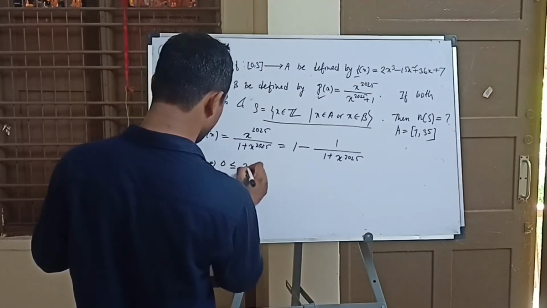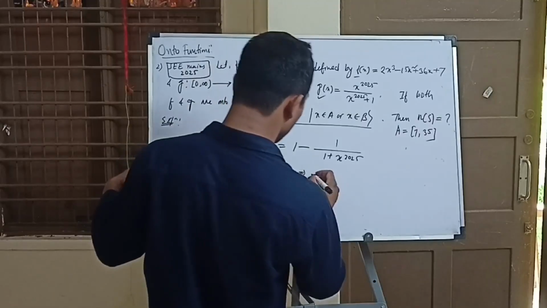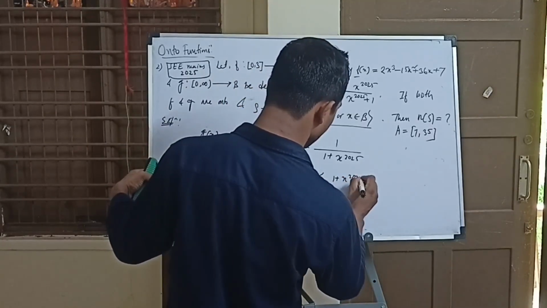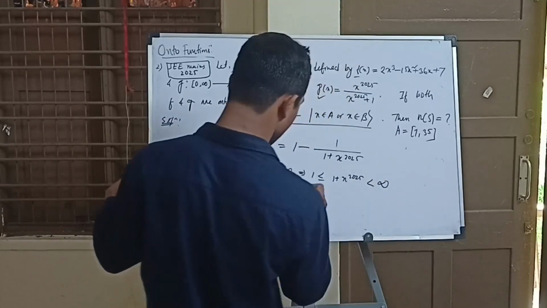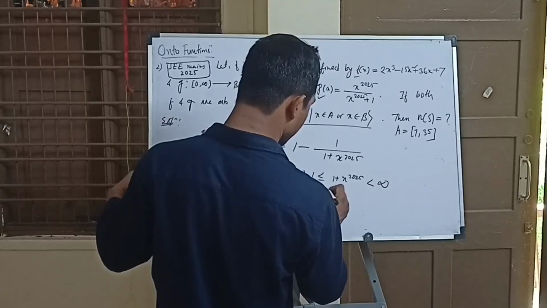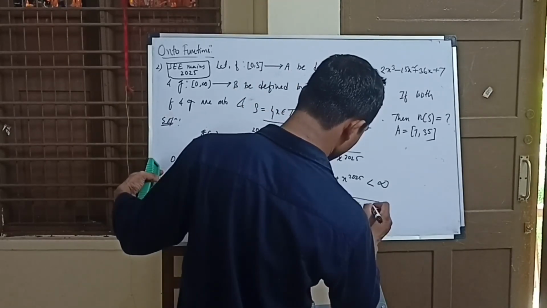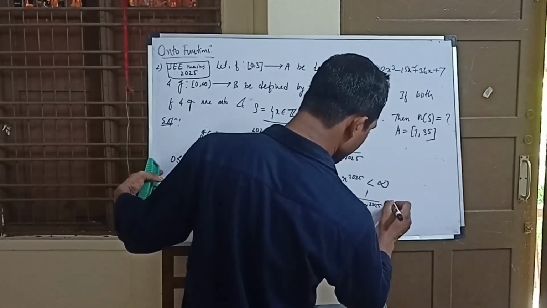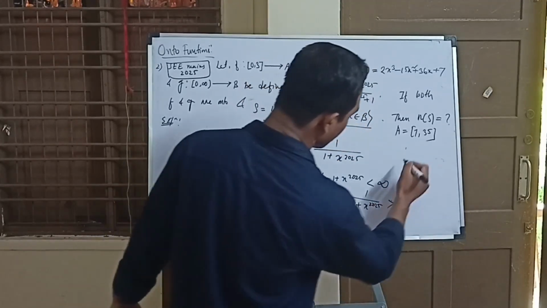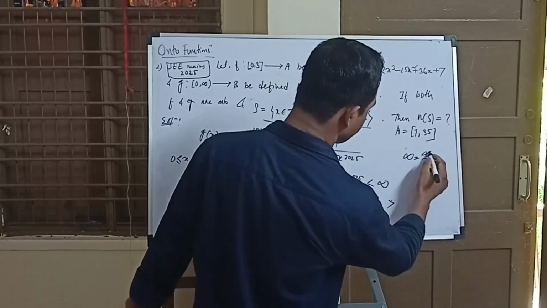Then x to the power 2025 is greater than or equal to 0, less than infinity. Correct? Then 1 plus x to the power 2025 is less than infinity. Then dividing, 1 over 1 plus x to the power 2025. Here note that this is 1, correct?